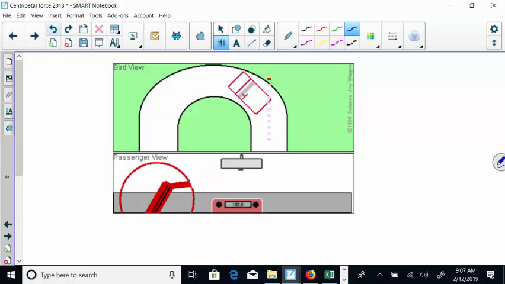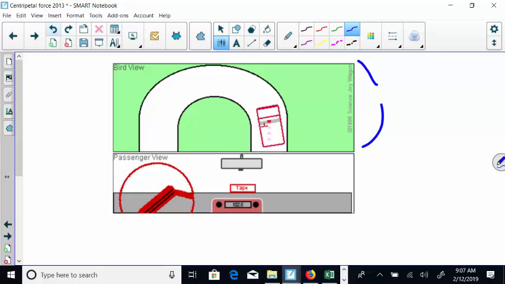This is a top view of that tape, and this is the side view. And this tape is going in a straight line. Right here, you will see that it is moving in a straight line. And if the window of your car is open, that tape would simply continue to move in a straight line.